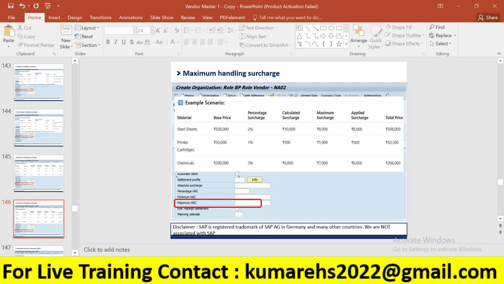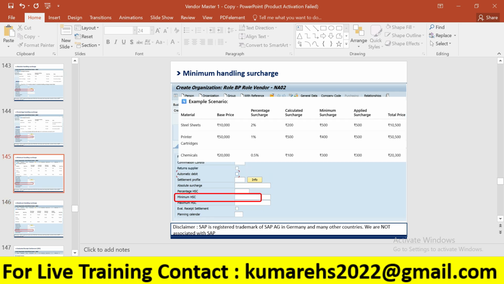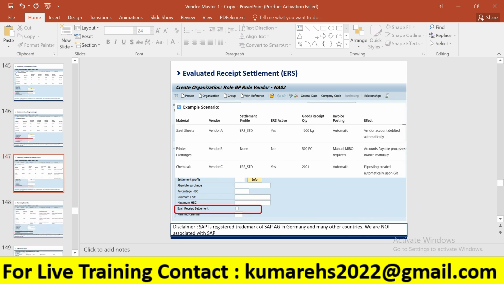If the maximum value is 1,000 but the calculated value is 500, then the system will select only the lower value. In any combination, the system will always select the lower value, either the calculated value or the maximum limit. In the previous topic, with calculated or minimum, the system always selects the highest value. Just the opposite. I think you understand the minimum and maximum handling surcharges well.